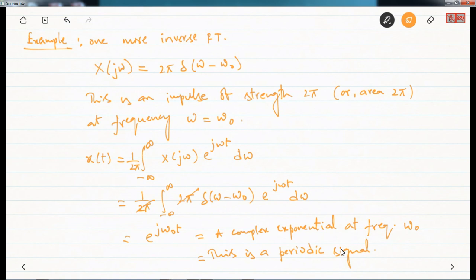More importantly, this is a periodic signal. So what does that mean? If we have a complex exponential e power j omega naught t, then its Fourier transform will be 2 pi delta of omega minus omega naught. This means a very big thing for us.